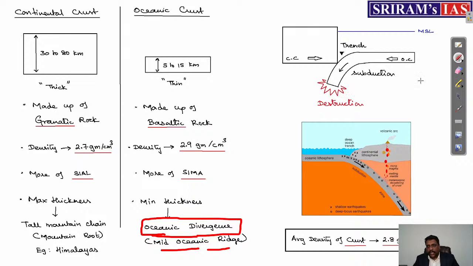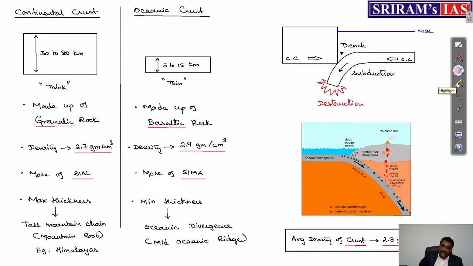And my dear friends, one thing I understand, wherever oceanic crust and continental crust go for a convergence, oceanic crust being heavy in density will go for subduction. And subduction is the one which leads to destruction of this oceanic crust, which continuously increases the magma pressure.